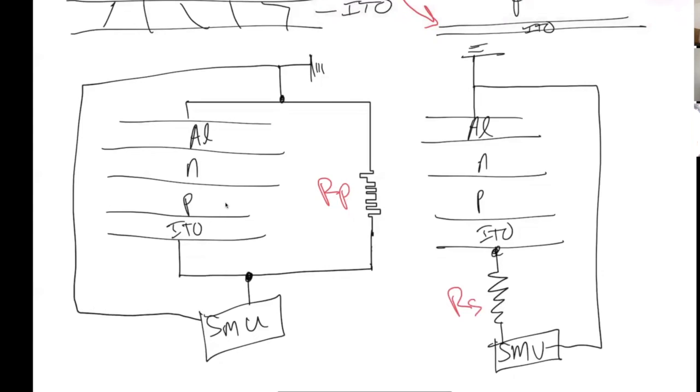Or you could have them both in the same device. So like we could just as easily have drawn it this way, and then this would be our series. So you can mimic the effects of these nanoscopic effects on the series and shunt resistance by basically putting a series or shunt resistance directly in contact or in line with the device.